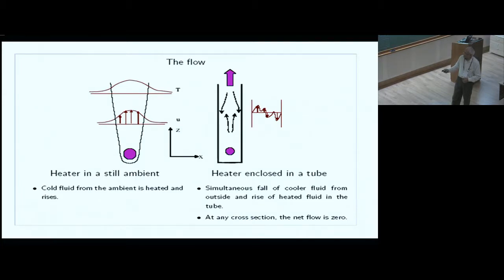So in this section, for example, simultaneously you have rising fluid and falling fluid, and because it's incompressible flow, equal amounts of hot fluid and cold fluid will be going up and down. So it is zero mean flow situation. And so at any cross section, the net flow is zero.